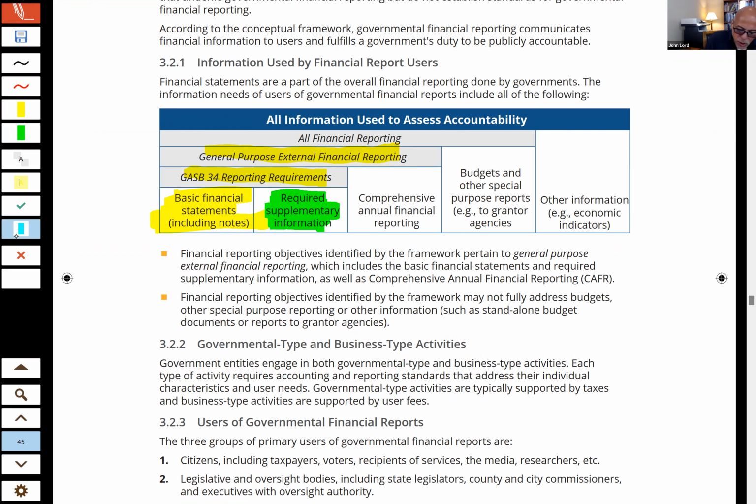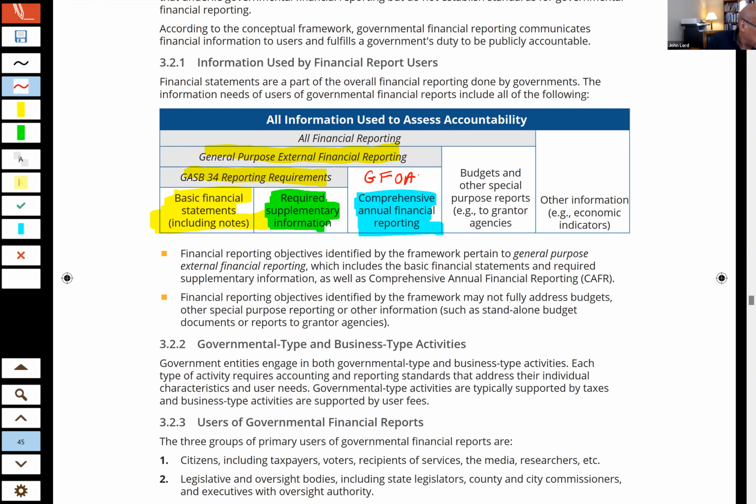The CPA exam also will ask you a little bit about the comprehensive annual financial reporting. Sometimes they're just calling those the annual report. I think in the state of California, they left out the term comprehensive and they just call it the annual financial report. Some governments still use the word comprehensive annual financial reporting, okay? But the standards for that are issued by the GFOA, the Government Finance Officers Association.